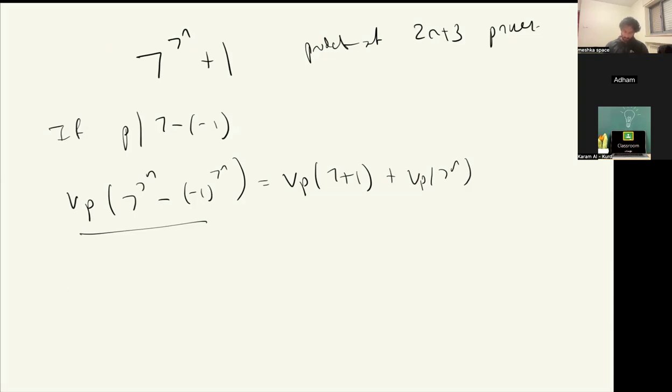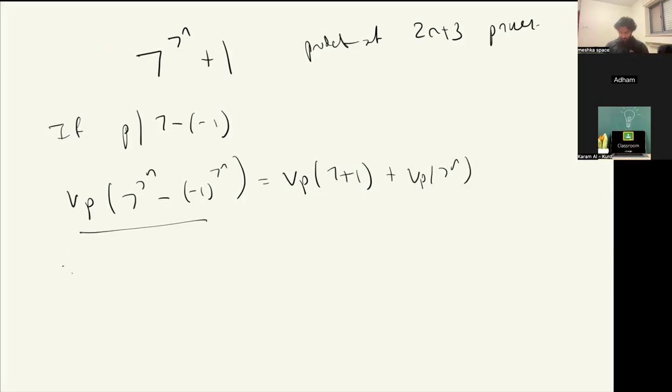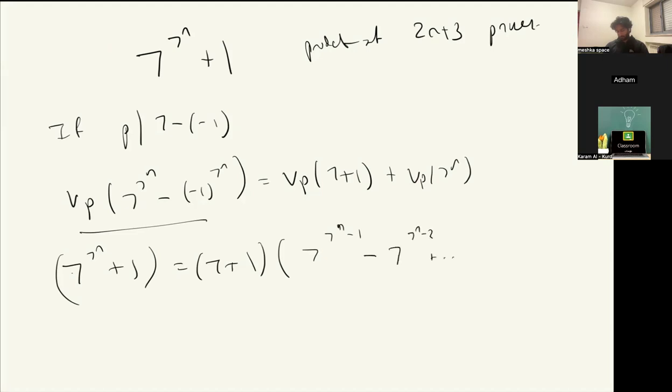Since y is 1 in our case, we end up with 7 plus 1, which is 8, multiplied by 7 to the 7 to the n minus 1, minus 7 to the 7 to the n minus 2, and so on.